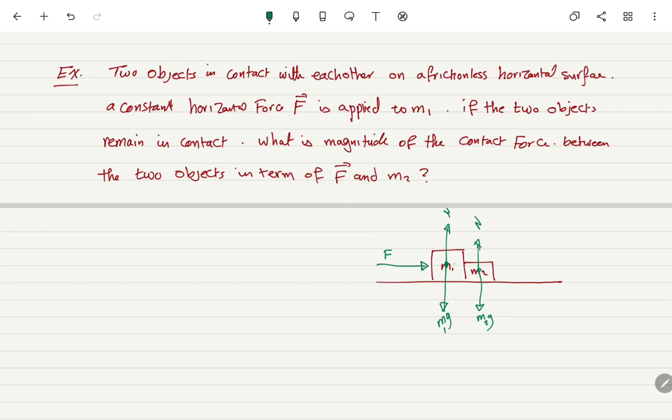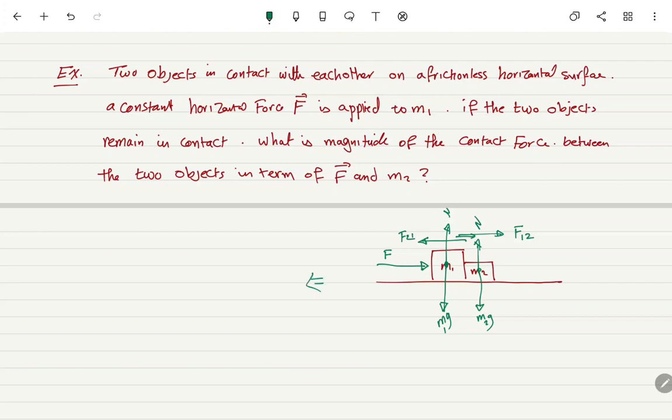As Newton's third law states, wherever you have an action, there is a reaction. So forces come in pairs, which means M1 acts on M2 with F1 on 2, and M2 acts on M1 with the same magnitude but in a different direction, F2 on 1.